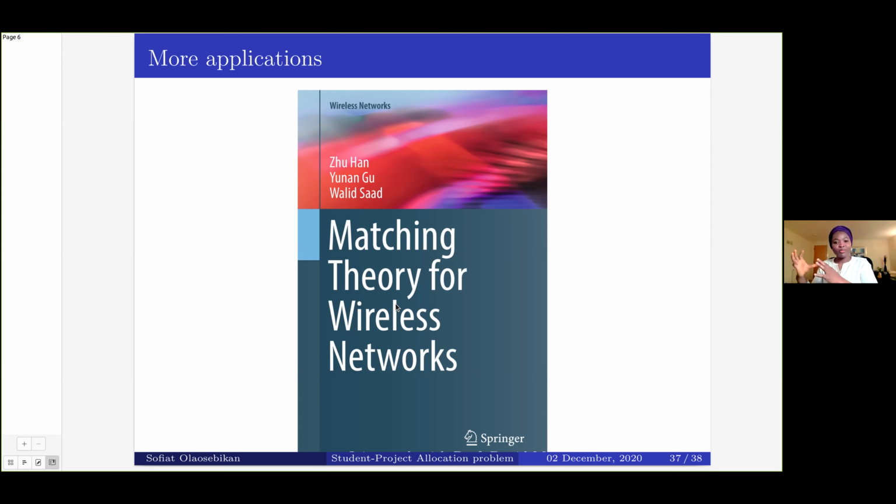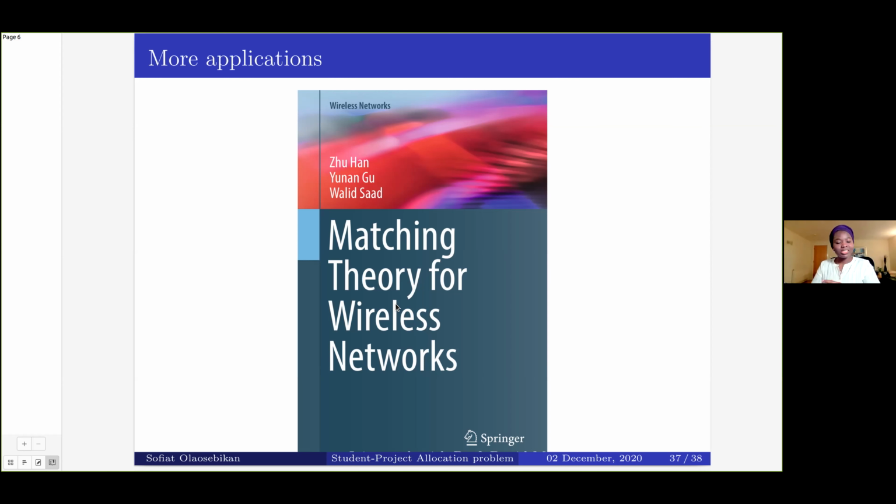And because matching theory is a very well-studied area with polynomial time algorithms and lots of exciting variants, they've just been adapting so many of the matching algorithms to wireless networks. The day I saw this book, I think I was awake till like 11 or 12, just flipping through, trying to see if I can come up with lots of open problems, which I did.